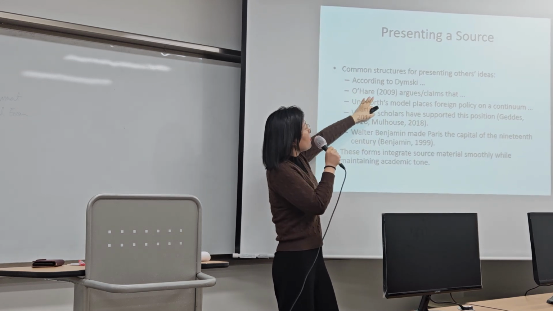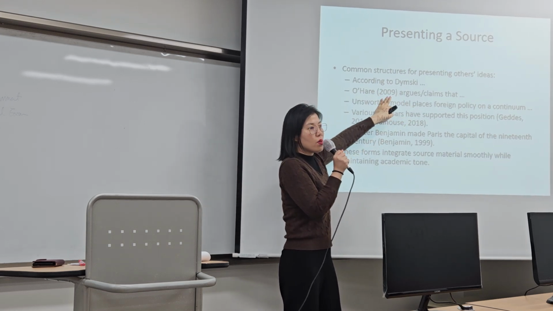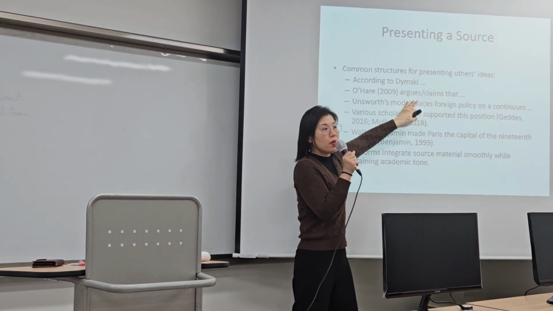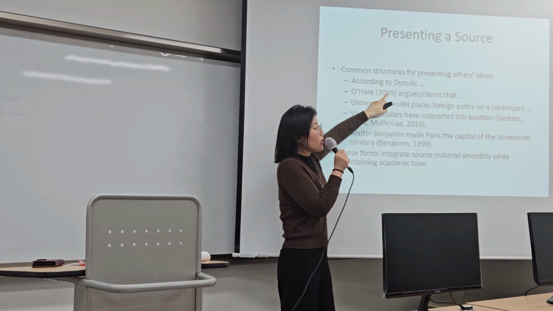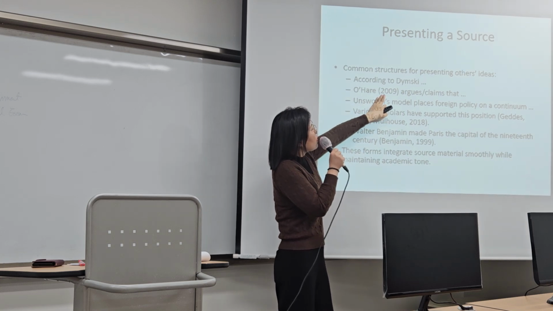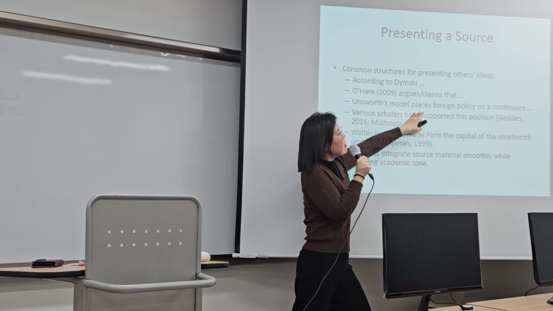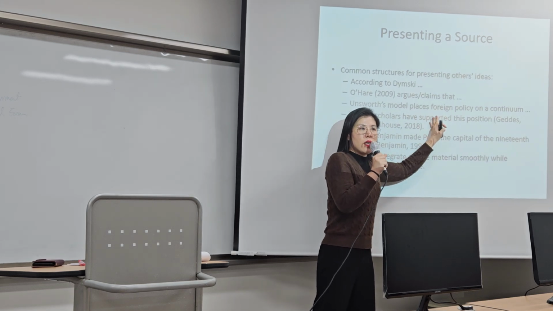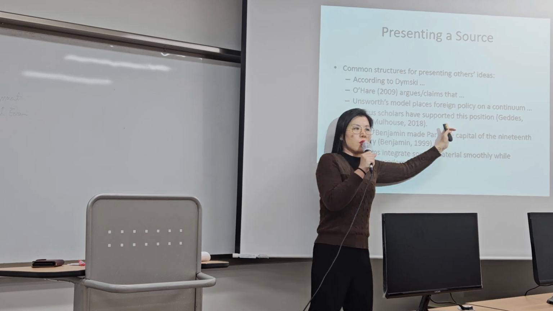Kim 2014 argues, or Kim 2014 claims, but you have to insert your publication. This one doesn't include the year of publication, but usually it does. So Kim's model places this on a continuum, or this on the environment, okay?